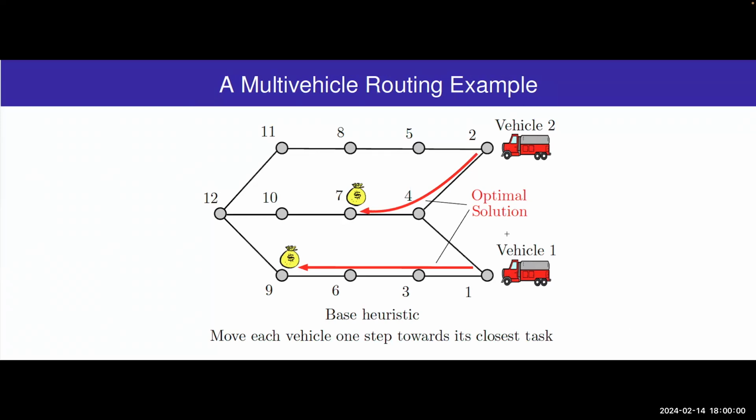Okay, so vehicle 1 has 2 choices. It can move to node 3 or node 4. If it moves to node 4, then it's going to assume that vehicle 2 is following the base policy, which also brings it to node 4 because this task is the nearest to vehicle 2. So when it evaluates this Q factor, it will be the one where vehicle 1 and vehicle 2 are in the same position at node 4.